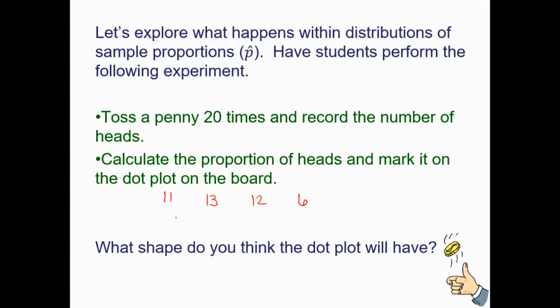Okay, now if we turn these into proportions out of 20, what would 11 out of 20 be as a decimal? 0.55. This isn't on the notes. No, it's not. It's an activity. Okay, what's 13 out of 20 as a decimal? 12 out of 20? 6 out of 20.